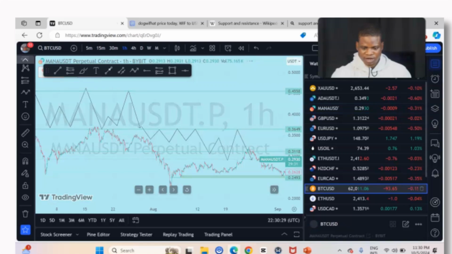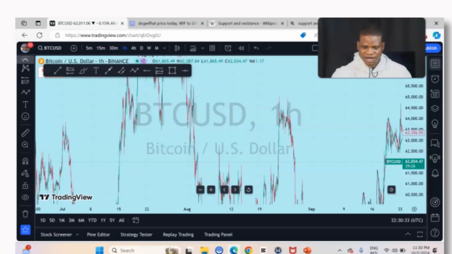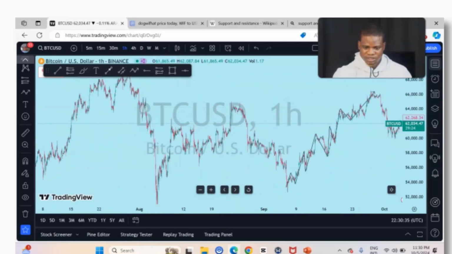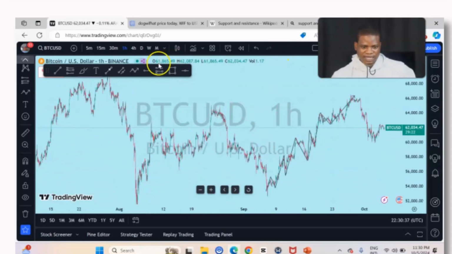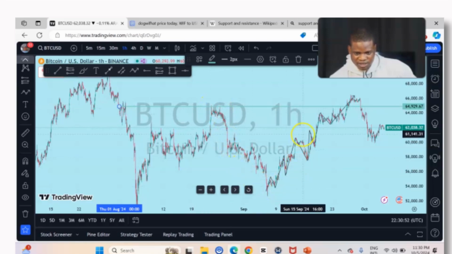So let's simply look at the BTC chart or Ethereum and identify support and resistance. If you look at this market, you see anytime price comes to somewhere around here, it tries to go down. You see, price came here again. What happened? It went down. Price came here again, it went down.